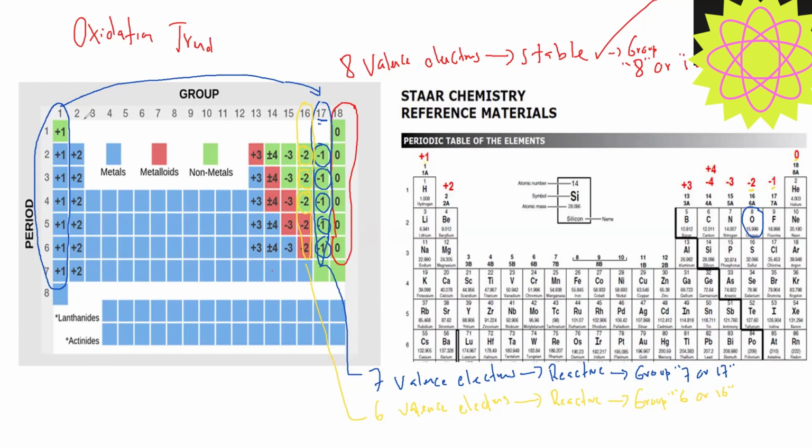That is why we say that they are +1, because they are giving electrons. They are losing electrons, right? So, for example, that is why the oxidation state for hydrogen is +1. You see? Because it's giving away one electron.